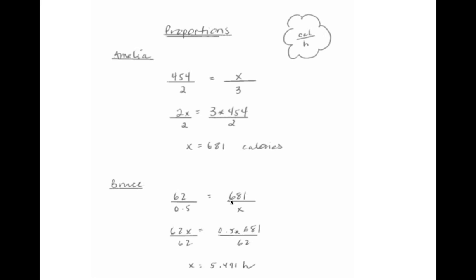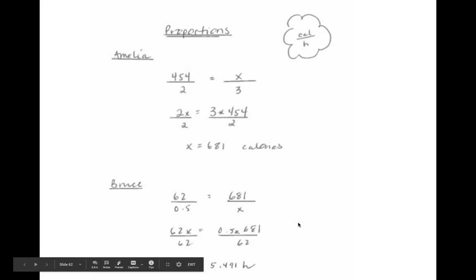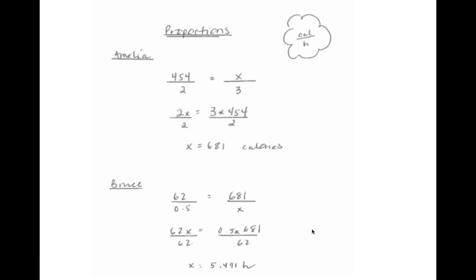Now, I'm looking for how long it's going to take him to burn the same amount of calories. So X is in the time position and the calories are 681. Use your cross multiplication, use your calculator, and you should find that Bruce will take basically 5.5 hours to catch up to what Amelia has burned.